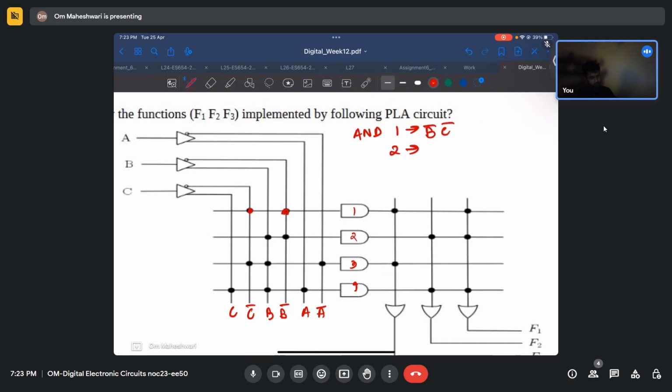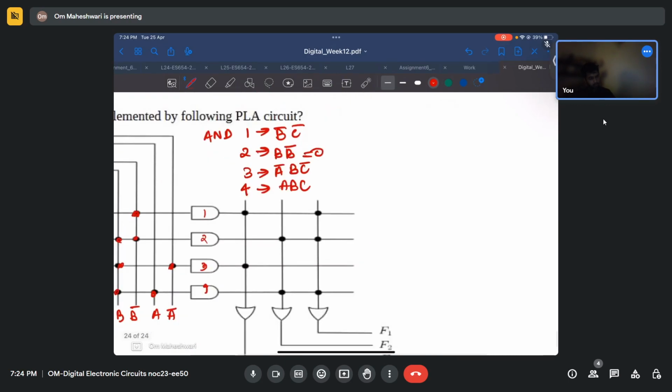In 2 we have this and this, that is B bar, which is actually 0. In 3 we have A bar, B, C bar. In 4 we have A, B, C, right? And then OR, just OR X, Y, Z.